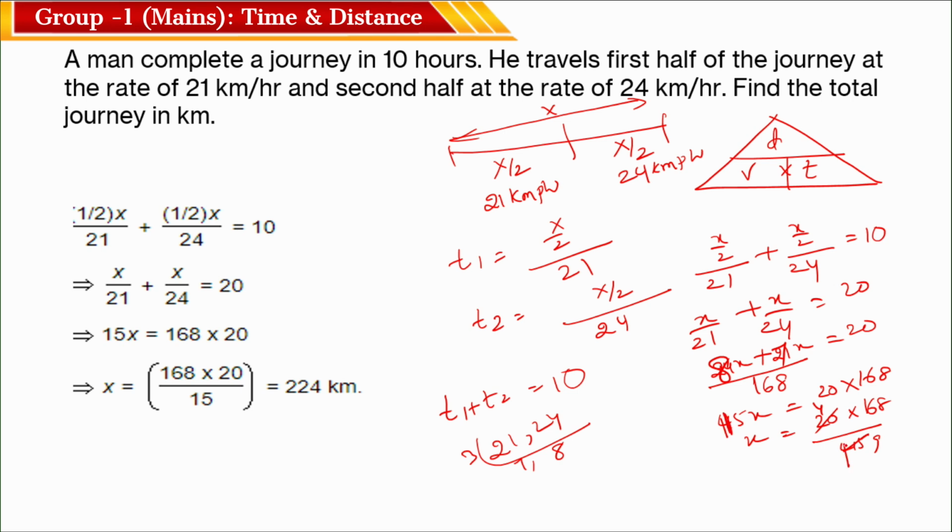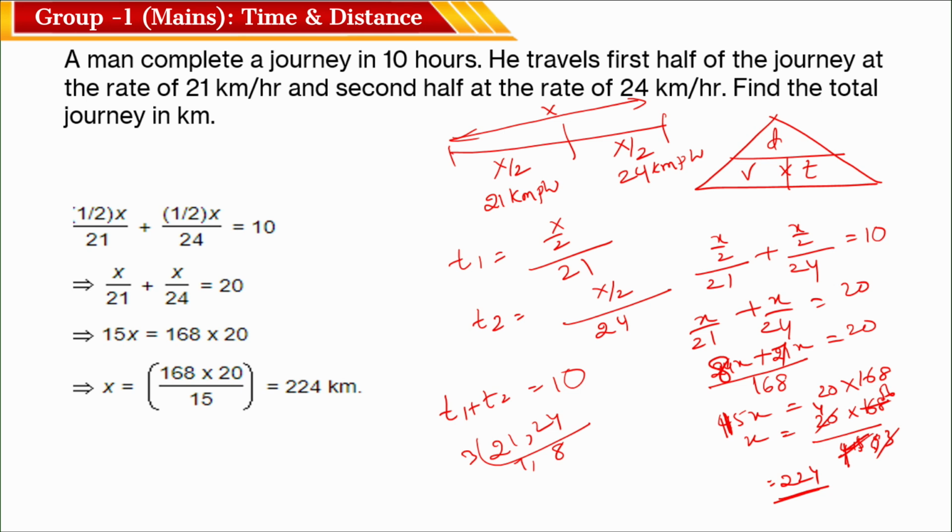So it is 15 3s, correct? Now it is 3s 3 1s 3 56, 56 means 224. So the value is 224 kilometers.